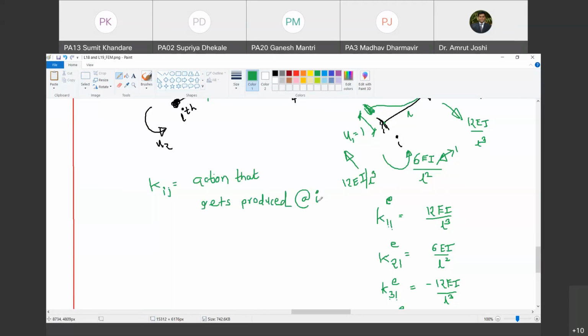That depends upon I. If I is a translation, it is force. If I is the rotation, it is moment. Are you with me? Yes, sir. So Kij is the action that gets produced at I due to unit deformation at J. This is the description of Kij. Are you with me?